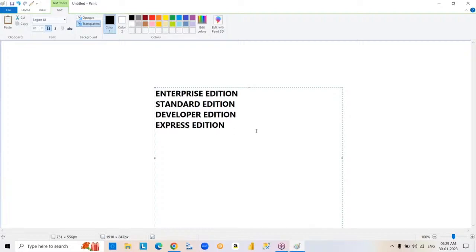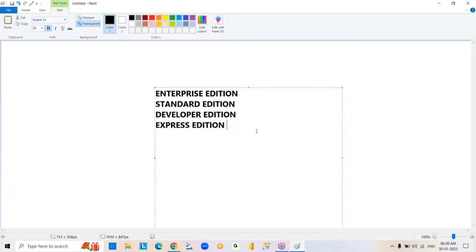See, Express means, it is completely free edition. You can directly download it from the official website of the Microsoft Corporation. But Express edition can be used for only practice purpose. Real-time purpose, we cannot use Express edition.